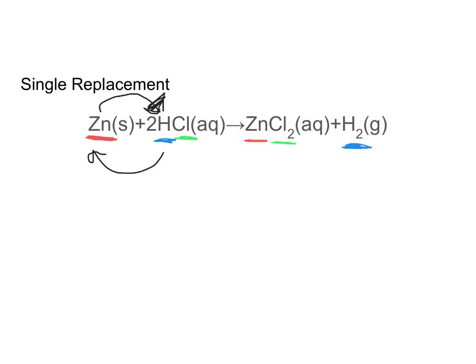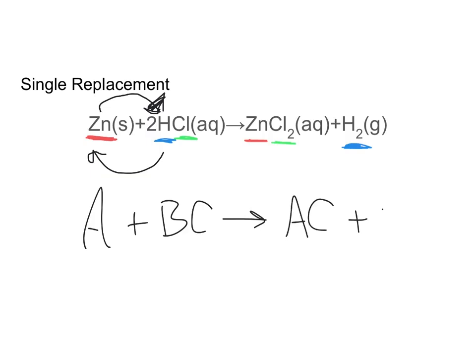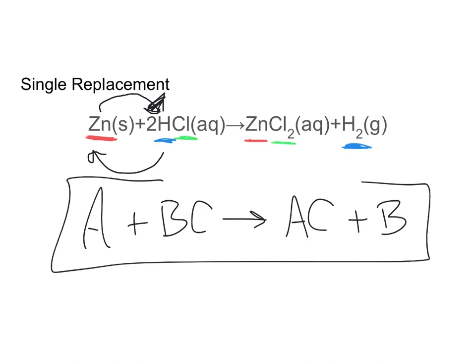The reason it's called single replacement is because one of them starts off all by itself. We have one element replacing one other element here. So the formula that I would share here is A plus BC, two compounds together, goes to AC plus B. That's the pattern for our single replacement here.